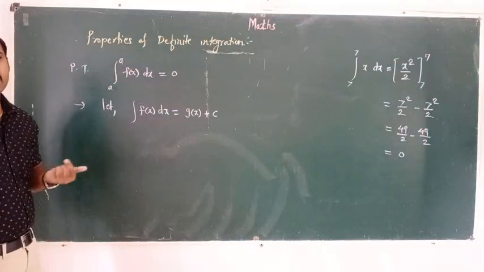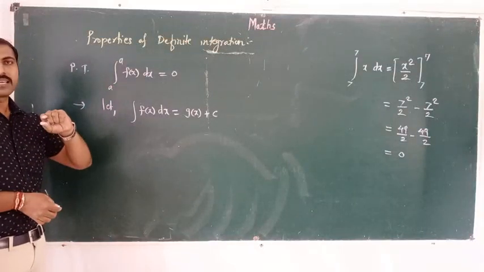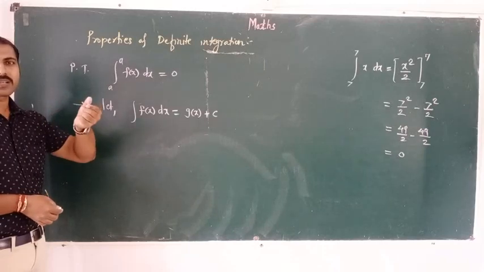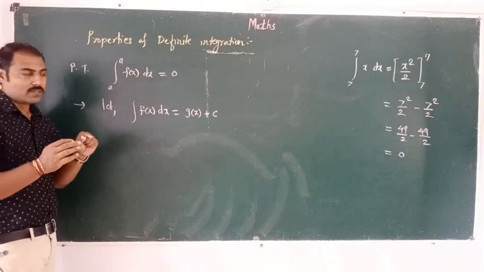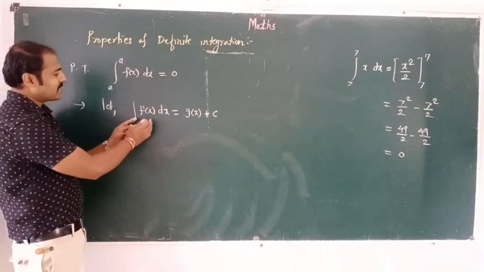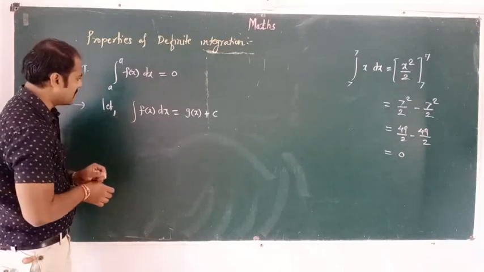The integration of f of x dx is g of x, like the integration of x raised to n is x raised to n plus 1 upon n plus 1 plus the constant of integration c. So I can consider here the integration of f of x is g of x plus c.